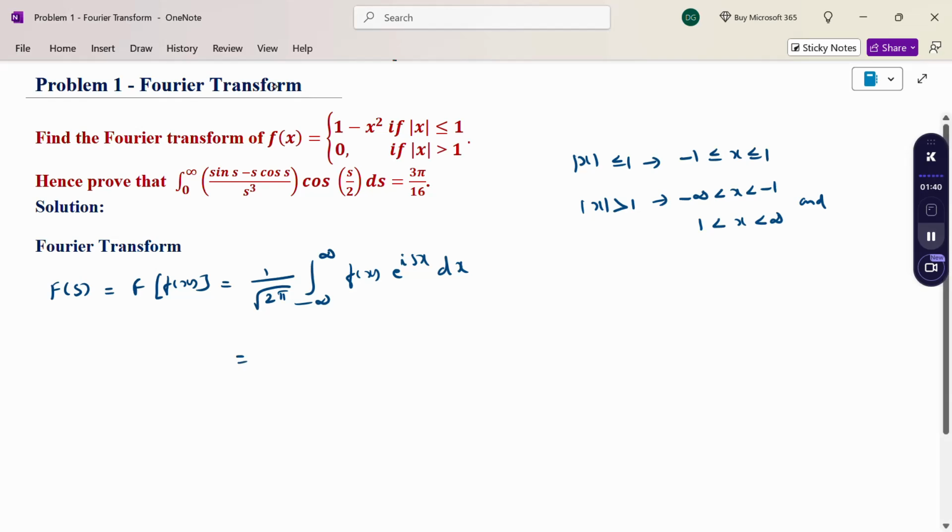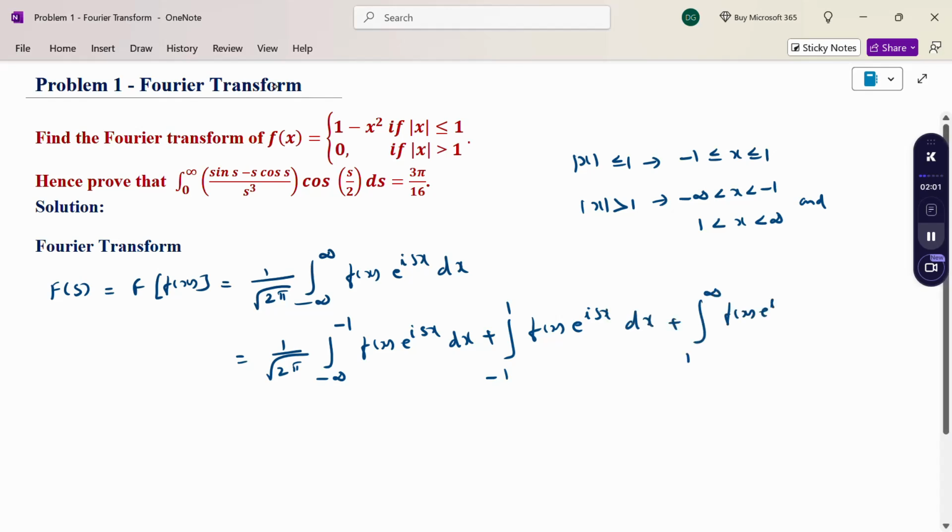Therefore, write the form as 1 by square root of 2 pi, integral minus infinity to minus 1 f of x e power isx into dx, plus integral minus 1 to 1 f of x e power isx into dx, plus integral 1 to infinity f of x e power isx into dx.